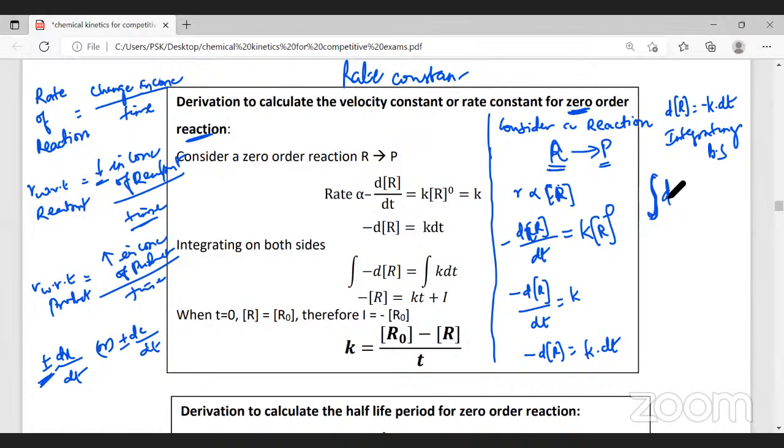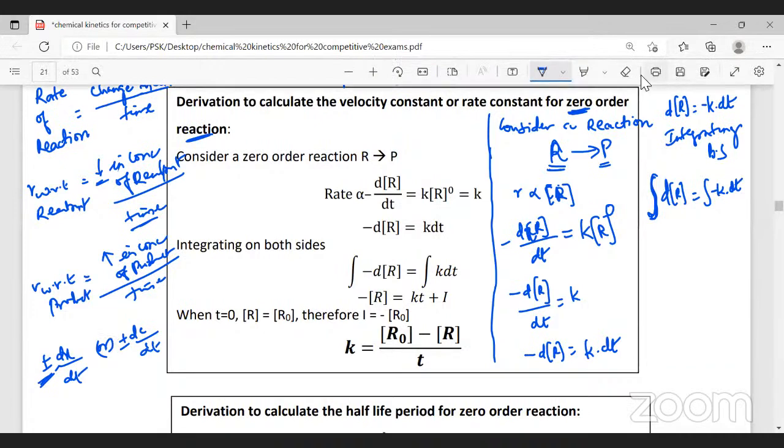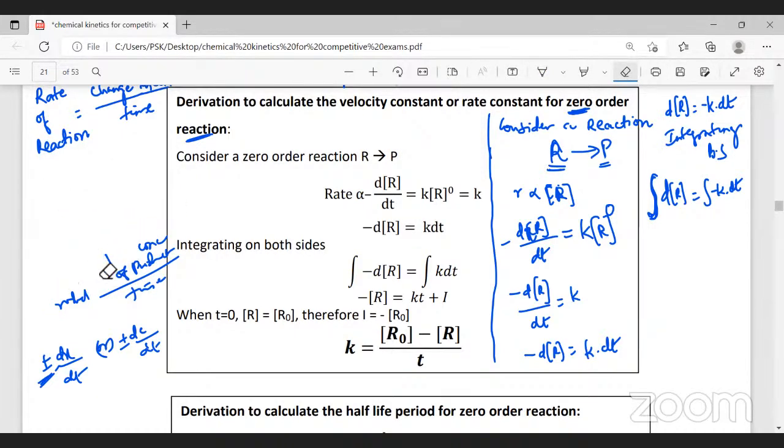Integral of change in concentration of the reactant will be equal to integral of minus K into dt. Now, in order to understand the explanation, I'll erase this side.